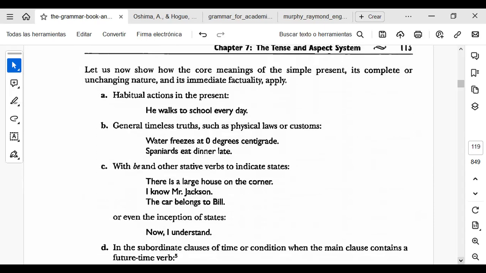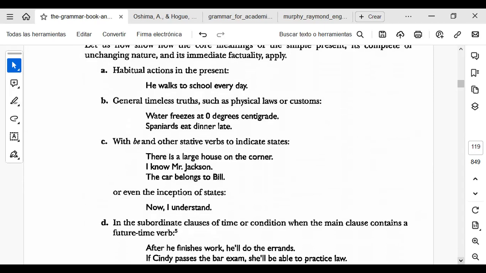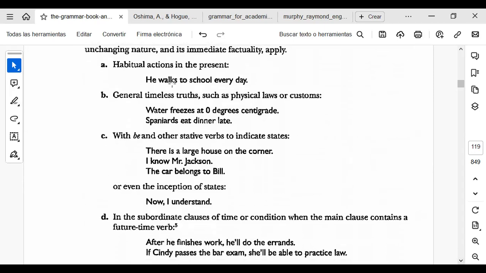But there are a lot of uses. For example, another use is talking about habitual actions in the present. He walks to school every day. Okay, I live in Santa Cruz, okay? My brother works in a big company, okay?